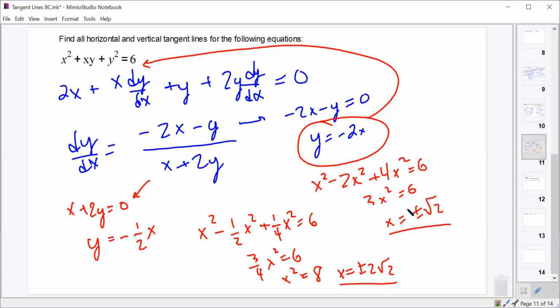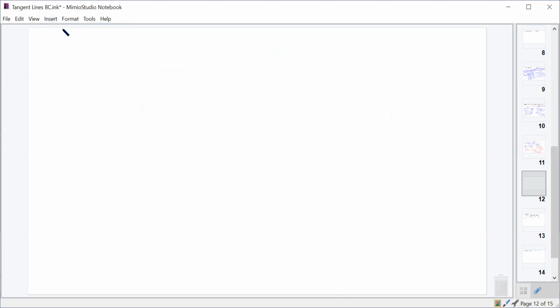So if we plug in positive or negative root 2 in here to solve for y, we should be able to get the equations of the horizontal tangent lines. These should be the equations of the vertical tangent lines. So let's do that. We plug in root 2. In fact, I'll do this on a new page. We have x squared plus xy plus y squared equals 6, right?